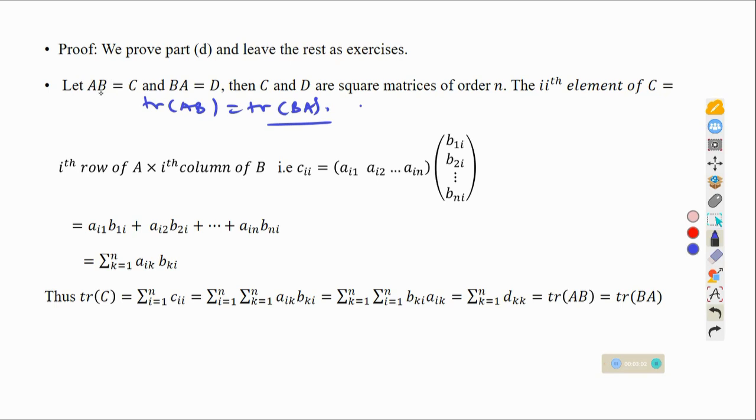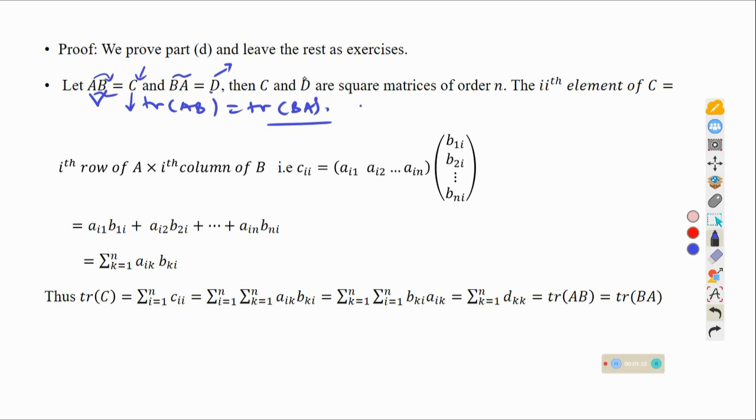We shall now consider the product AB to be C, and the product BA to be D. In other words, if we multiply A times B, we expect to get some matrix C, and when we multiply B times A, we expect to get some matrix D. Since A and B are square matrices, we expect C to be a square matrix. Similarly, multiplying B with A will give us D, which is also a square matrix.